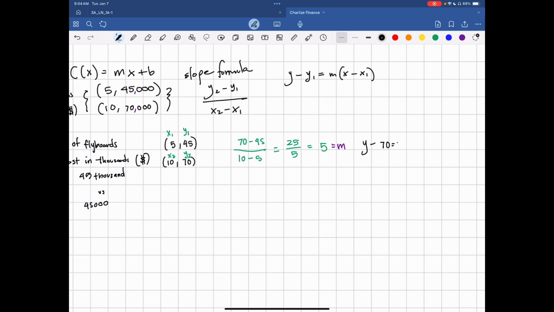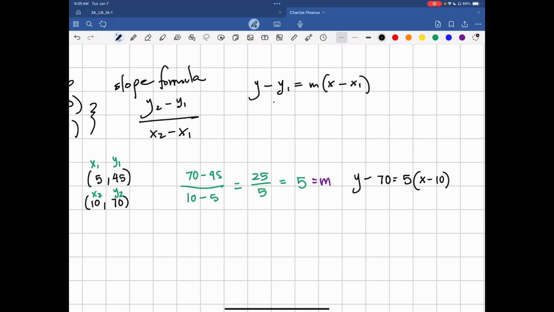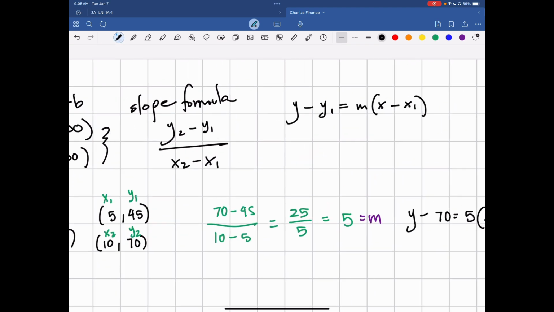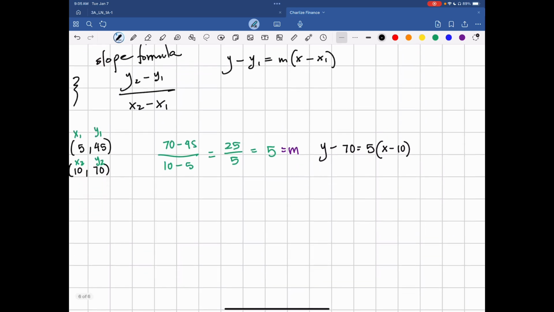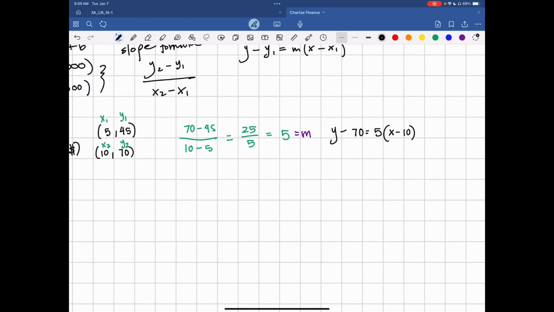So y minus 70 equals 5 times x minus 10. If it's not familiar, the y remains a variable because eventually it will be the same as this y. Then y1 and x1 are a coordinate on the line, and m is the slope. That's how you plug it in, and it has to be from the same coordinate.